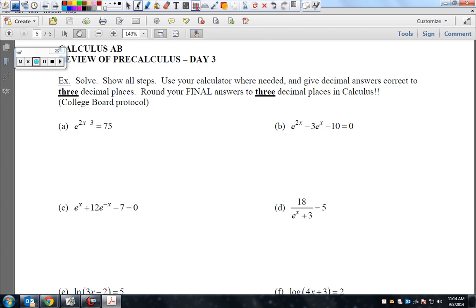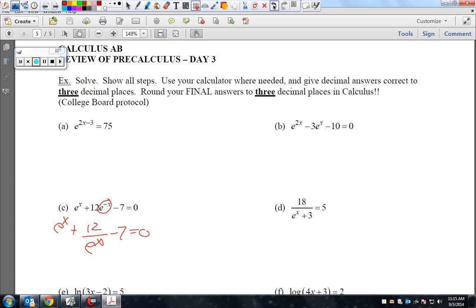Looking at this, this negative power is only applied to the e, not to the 12. You understand? If it had parentheses around 12e, then it would be applied to both. So basic stuff from Algebra 2 shows the 12 will stay up top, and this becomes my equation.